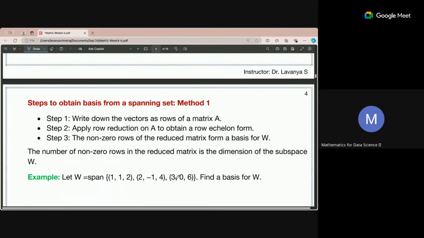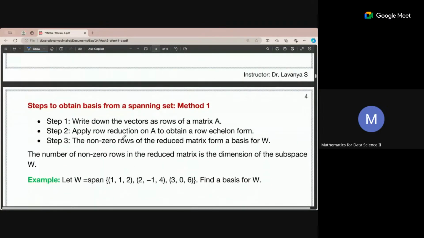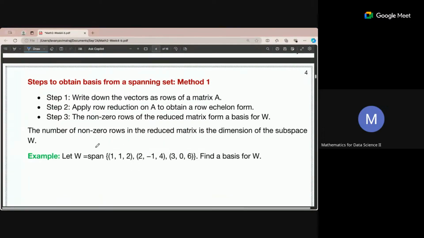So here you have a subspace spanned by these three vectors, and we are going to find a basis for it. Maybe some of you can figure it out straight away, but it's not very straightforward, so we are going to adopt the method we just saw. What is the first step? Form a matrix.